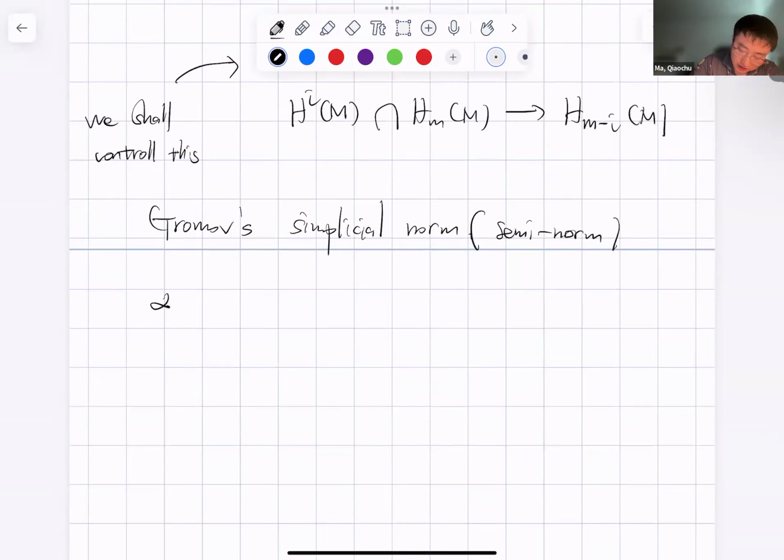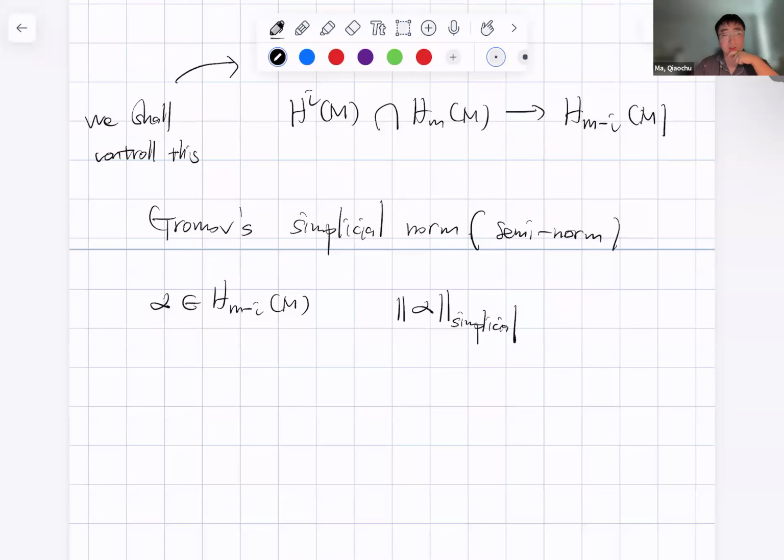So for any homology class, let's denote R, it's Gromov's simplicial semi-norm.